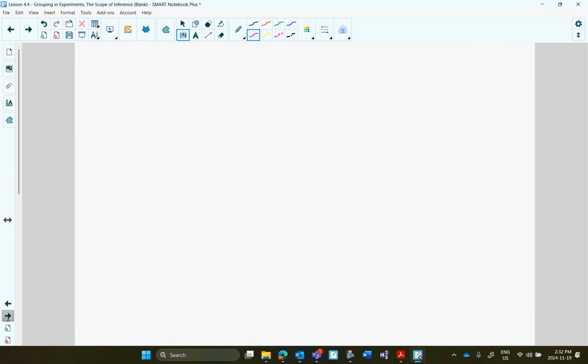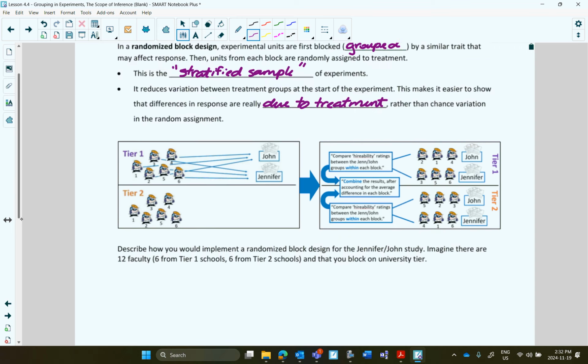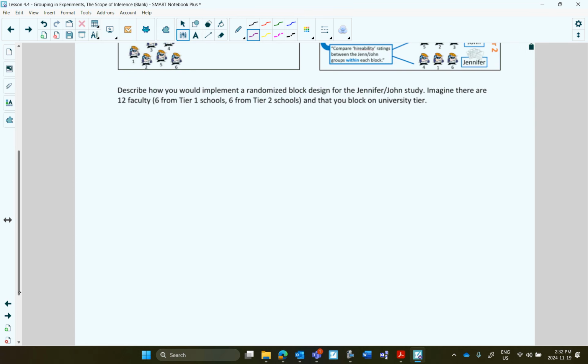To do this, and there's not a lot of writing involved here, the addition with the block design is that we want to say at some point in our description that we are going to block by tier. So I'm going to start right off with that.